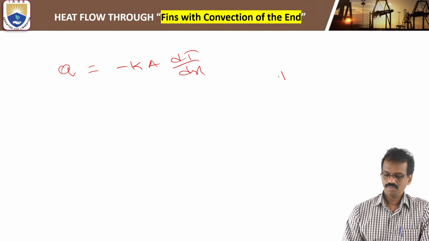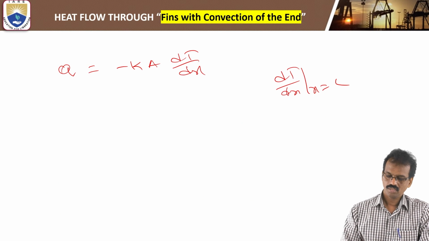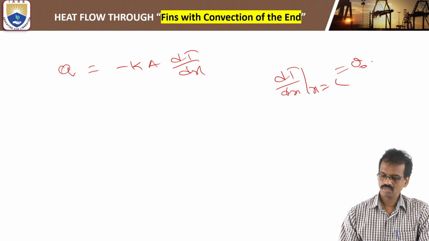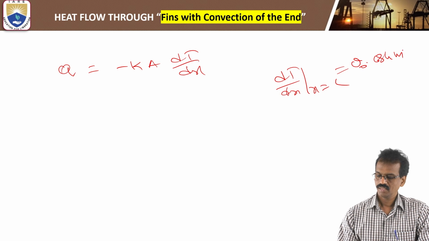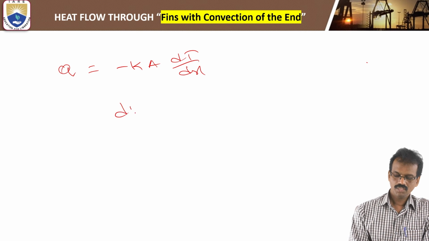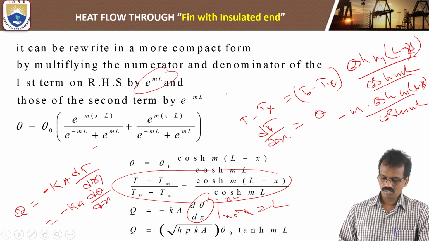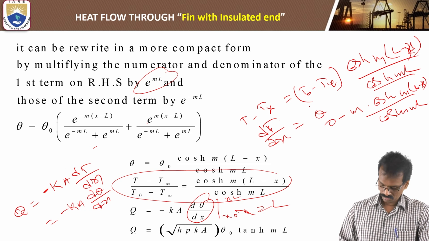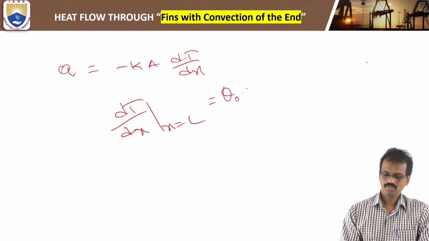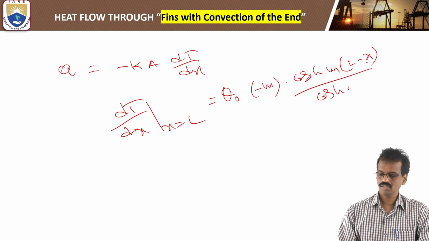So dT by dx at x equal to L, we got that one, it is equal to theta naught into minus m into cosh m(L minus x) by cosh mL.